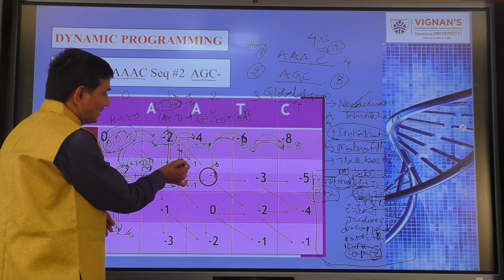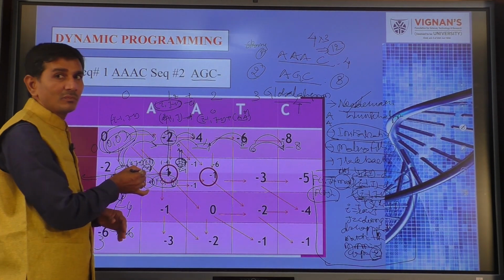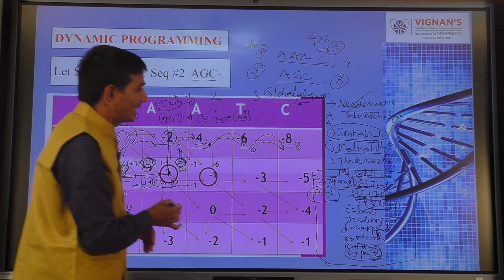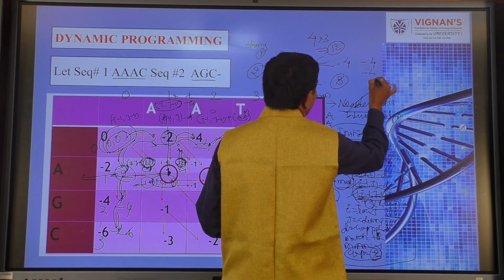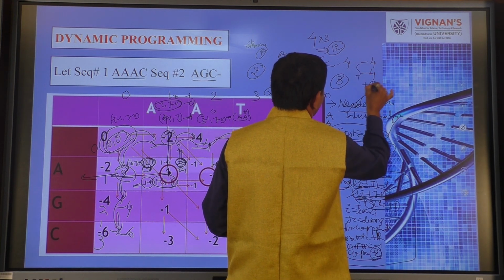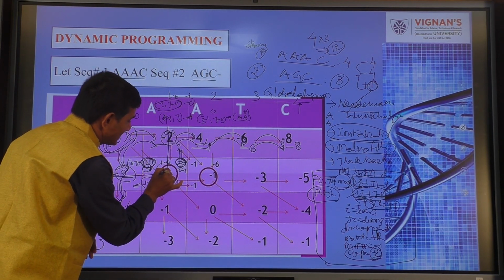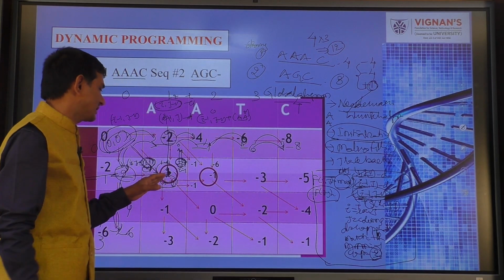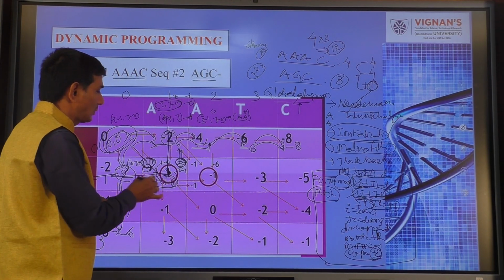Change in row gives minus 4, change in column gives minus 4, and change in both row and column gives 1. The maximum of these 3 is 1. So, this particular box is assigned a value of 1, from the diagonal direction, which implies change in both row and column.